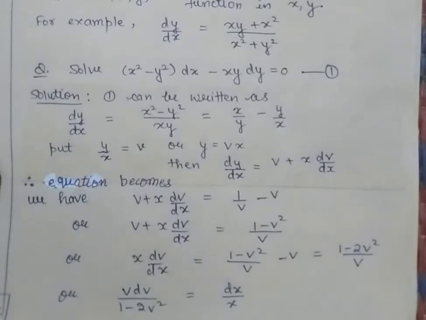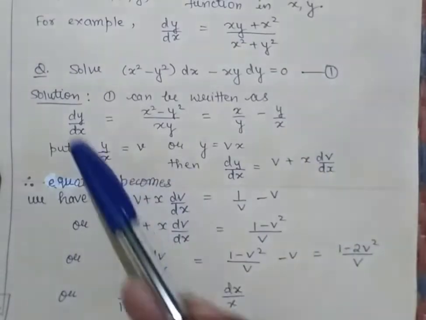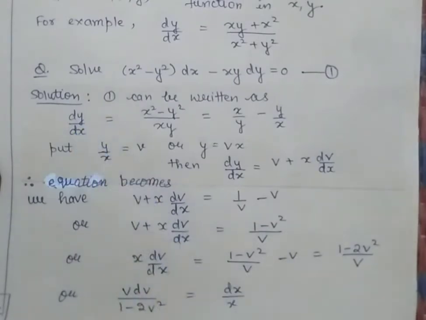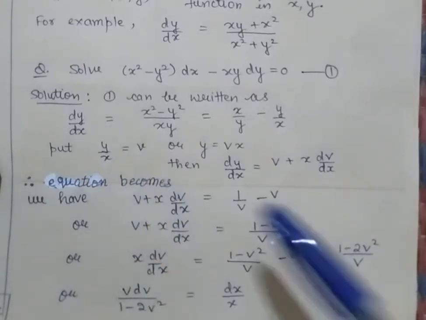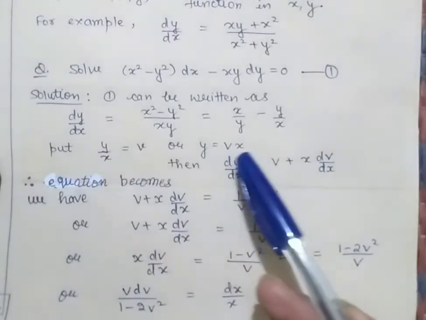If we write this equation in the form dx by dy equal to phi of xy divided by psi of xy, then we substitute x by y equal to v. So here we substitute y by x equal to v, or this can be written as y equal to vx.